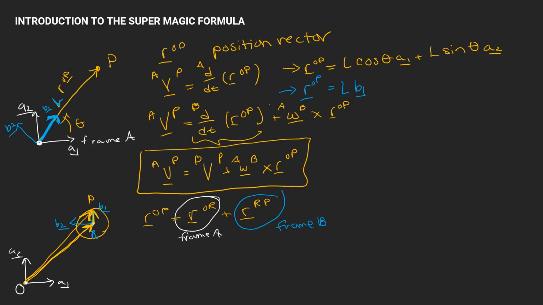If we were writing out ROR and RRP for this specific example here, we would write ROP is equal to some magnitude in the A1 direction plus some magnitude in the A2 direction plus, we'll call it some magnitude along the B1 direction, we'll just call that L.